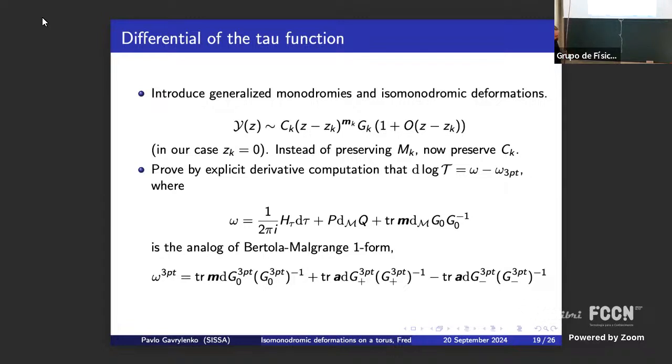So, what we need to do? Originally, we have the definition of the tau function by its logarithmic derivative in tau.